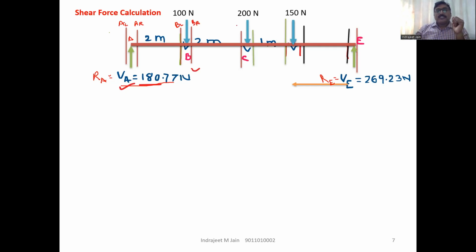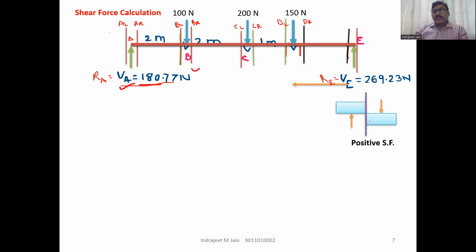Similarly, this is C left and this is C right. And so on. Same for D left and D right. Clear? So like this, we take the section at various points. Now we have to find out shear force at each point.